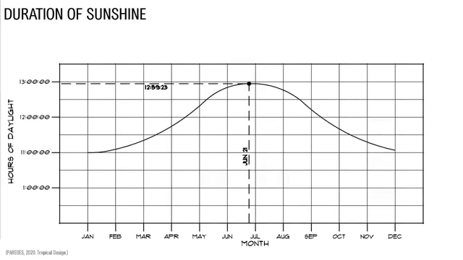Okay. So the duration of sunshine is also a factor. That is how many hours the sun is shining on a particular area on the earth. This is a graph showing, for example, in January, we have about 11 hours of daylight, and in February a little bit higher.